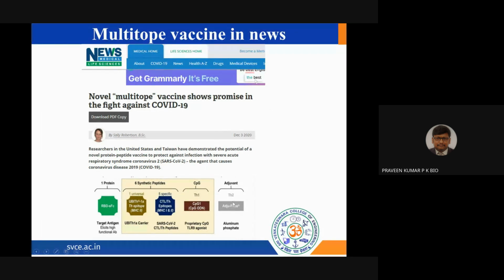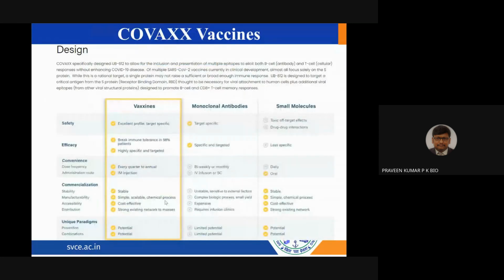So this is how a multitope vaccine looks. One has to come up with the 5 specific peptides in this case; the remaining things are the common groups attached. So how do we find these five peptides? We can learn this in the next two sessions.